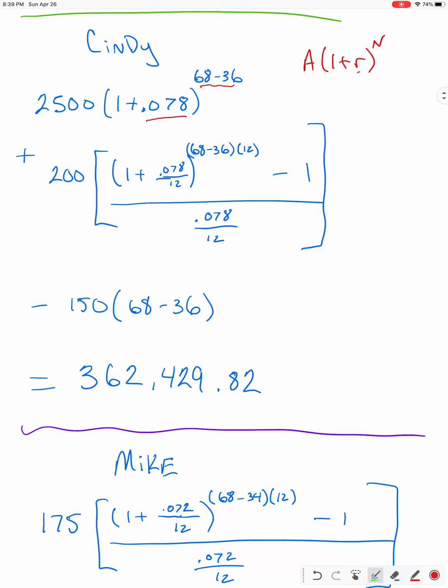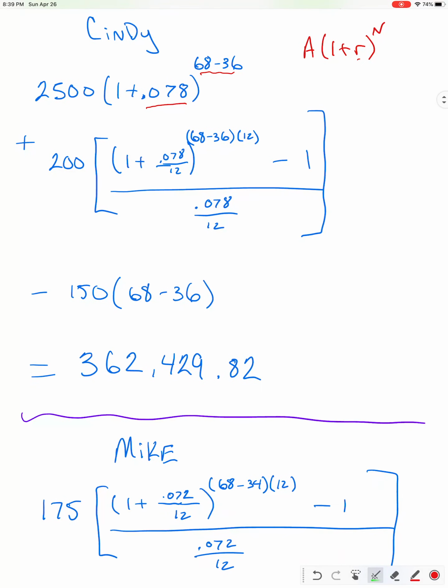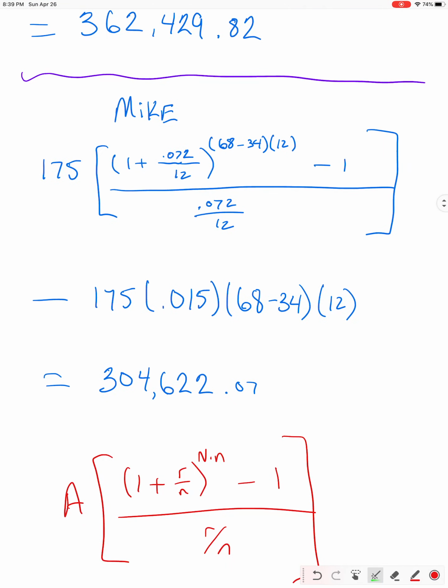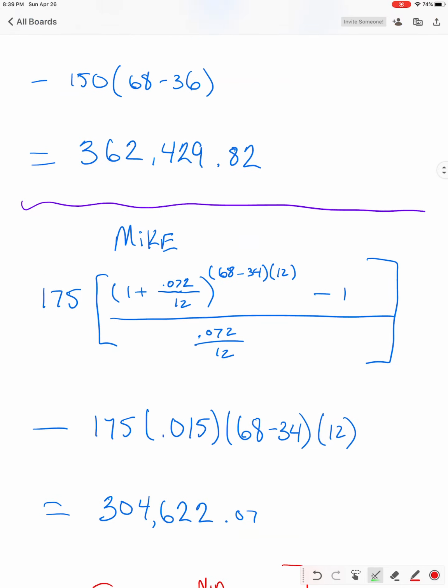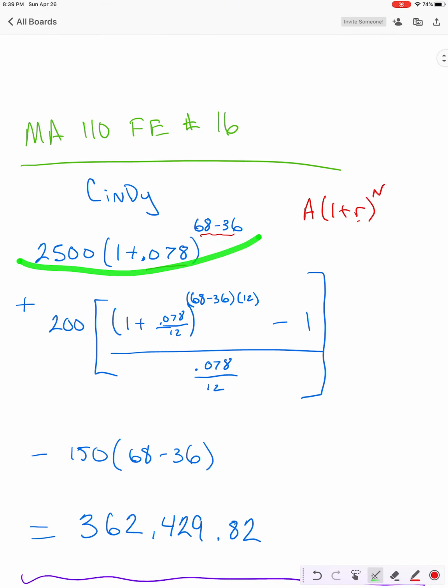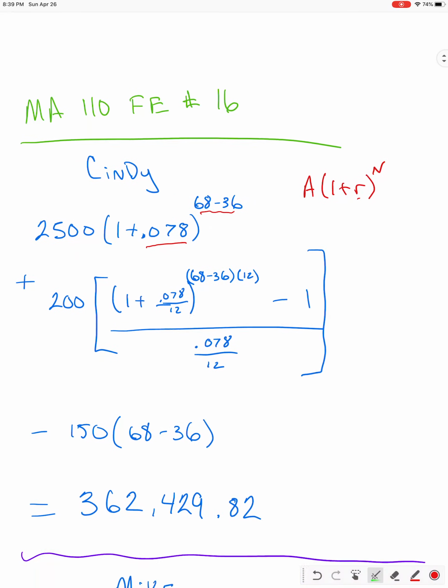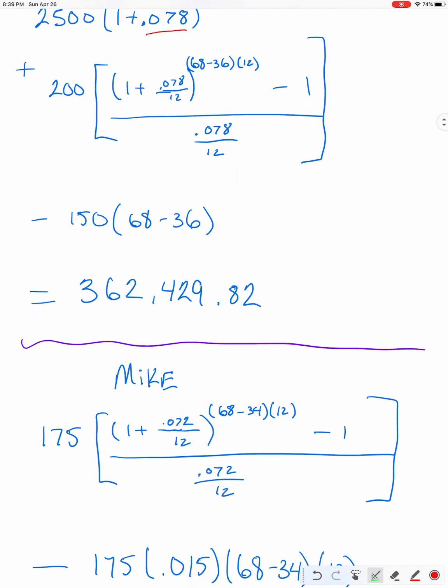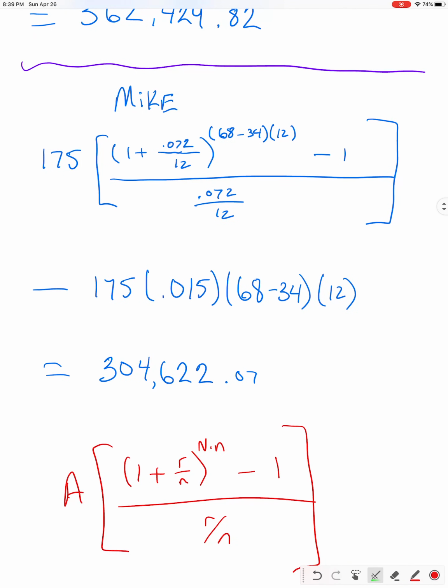Okay. So then on top of that, we have Mike. So Mike, we have to figure out what's going on with him. Now the big difference between Mike and Cindy is Cindy had this initial one-time deposit that she put into that account, and then on top of that deposited money. Mike doesn't do that.